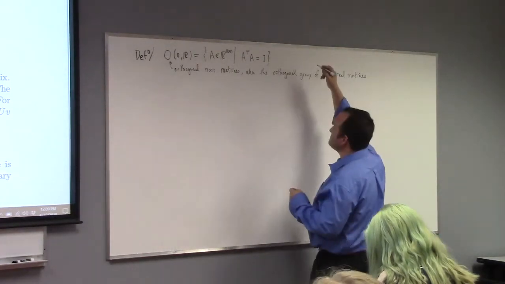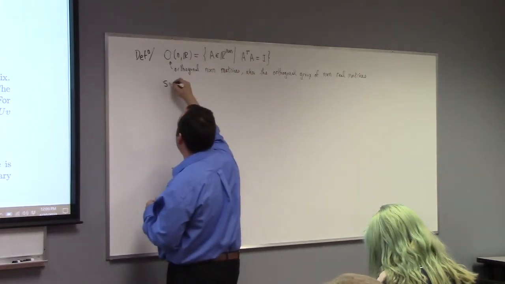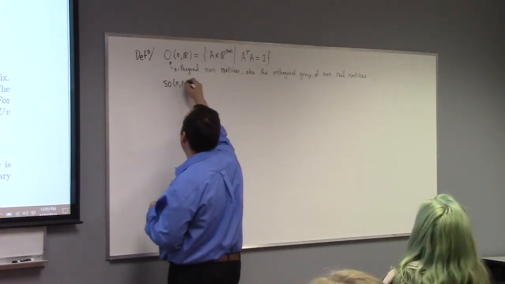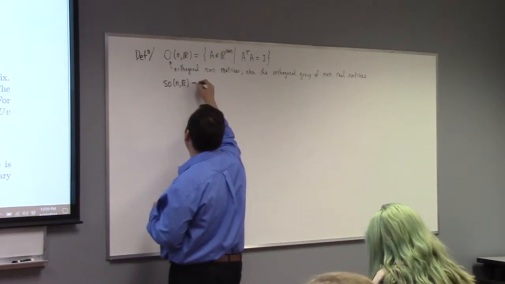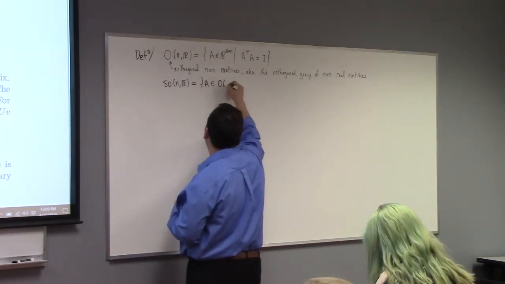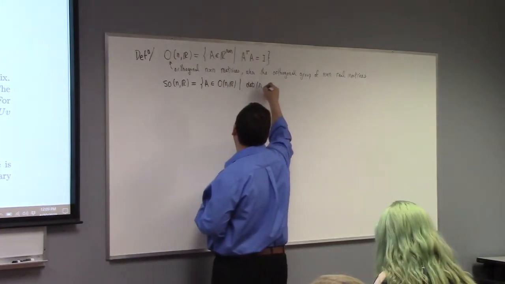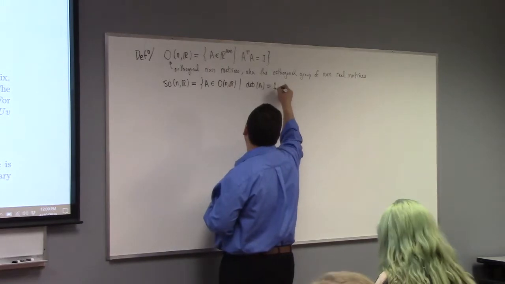There's also SO(n, R). This would be A in O(n) such that the determinant of A is equal to 1.